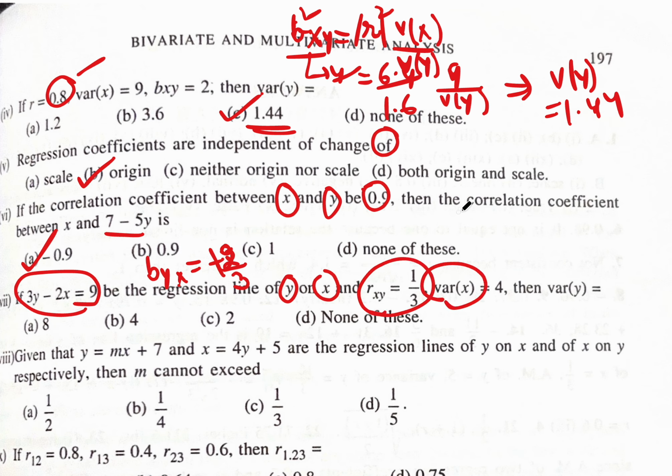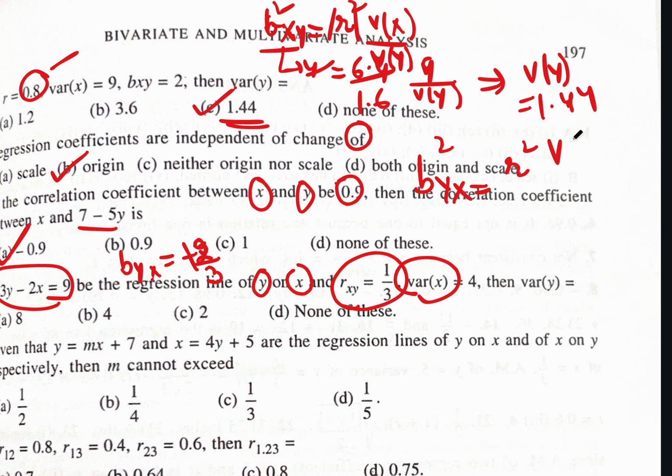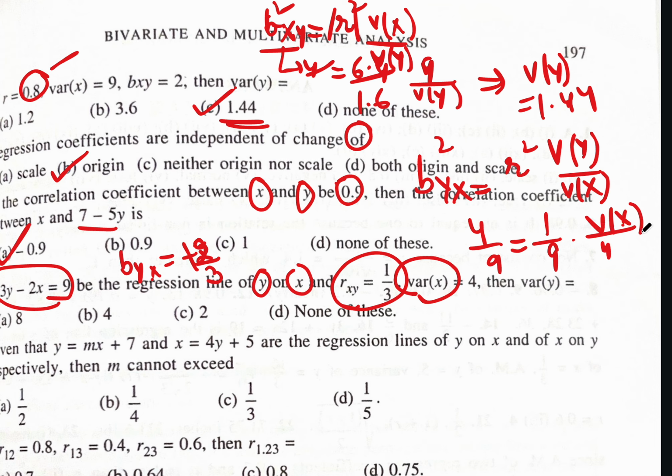Okay, why are we doing this again and again? I have no idea, but sure. Variance of y upon variance of x, but I'm glad that we figured this out right in the beginning, so now we have less to worry about. 4 by 9, 1 by 9, 4 variance of y.